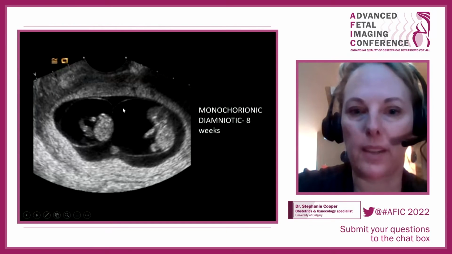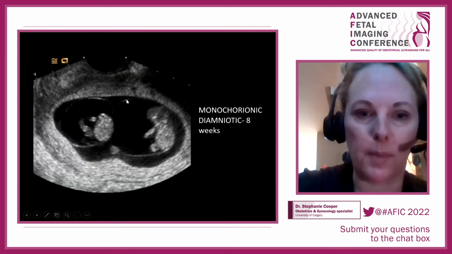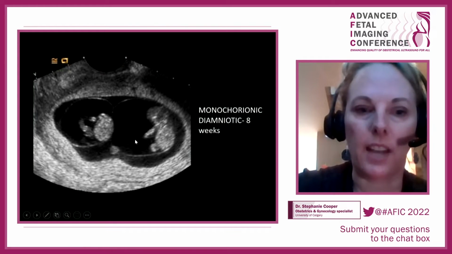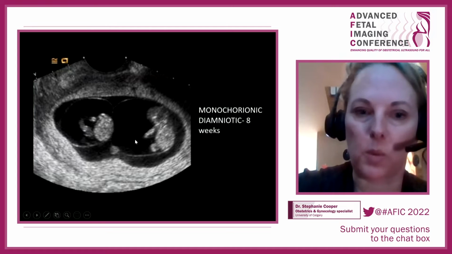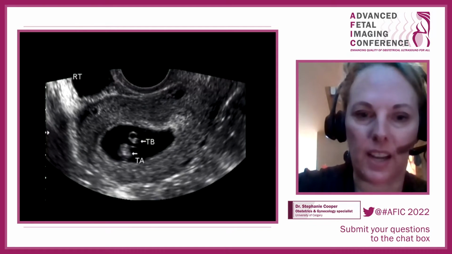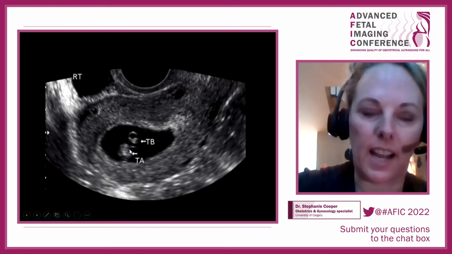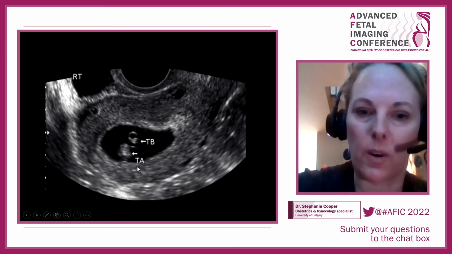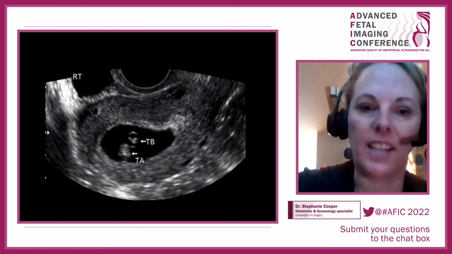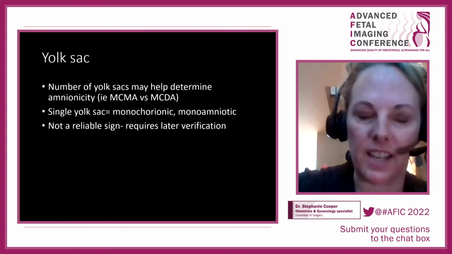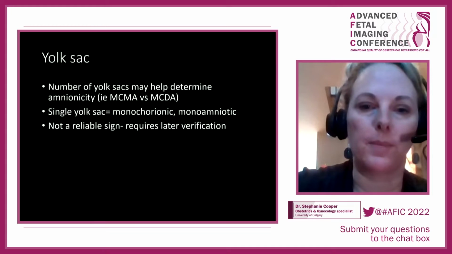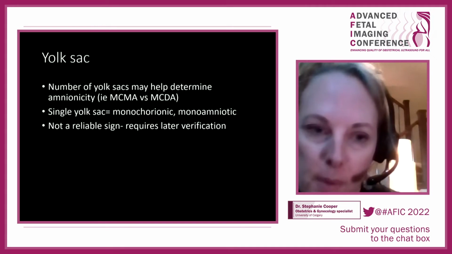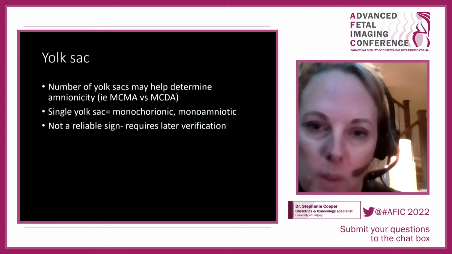So here we are at 8-9 weeks or so. In this one, you can see the membrane, nice and thin, and you don't have the twin peak sign. So this is monochorionic diamniotic. But this ultrasound, at approximately 6.5 weeks, is also monochorionic diamniotic. It's just that you haven't seen the membrane yet. I'm going to come back with some examples, but just a mention of the yolk sac.